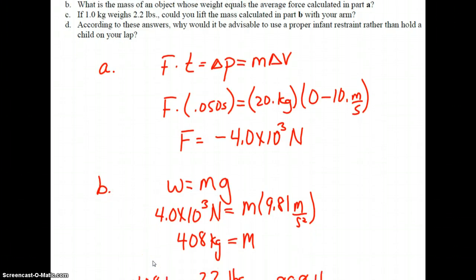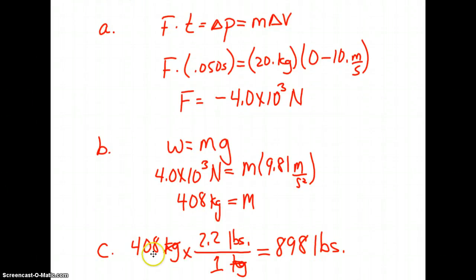C now asks us to take that amount of kilograms and convert it to pounds so that we can relate to that amount of force. So 408 kilograms, a quick little dimensional analysis, 2.2 pounds is the weight of 1 kilogram. We put the kilograms in the denominator to cancel kilograms. We end up multiplying 408 times 2.2 and we get 898 pounds.